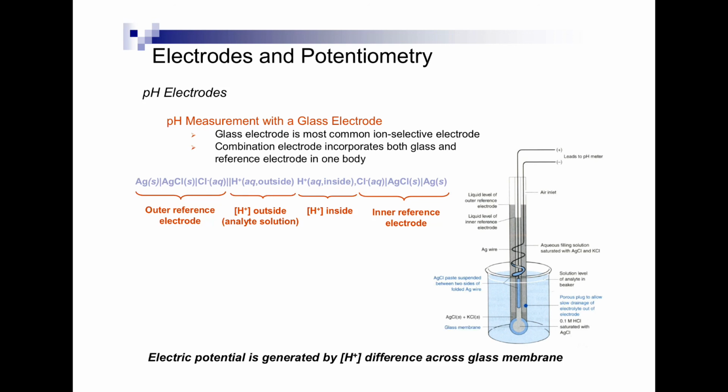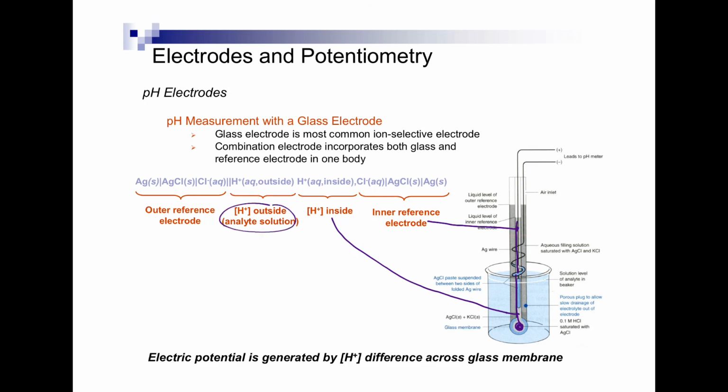So this inner reference electrode is basically the light gray portion here. So you can see that that extends all the way down into here.